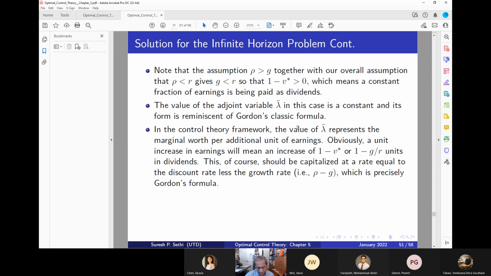And notice that this lambda bar, which is a constant, it actually, Myron Gordon was a professor at University of Toronto when I was a young professor. And Gordon was a senior finance professor who at one time was the president of American Finance Association.